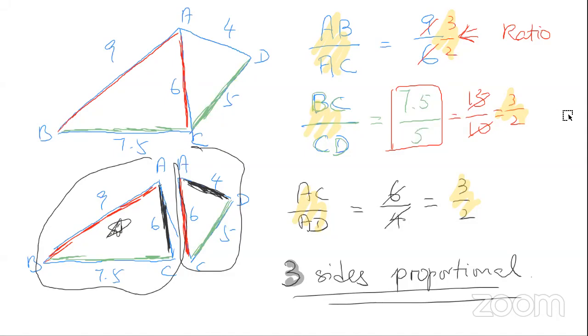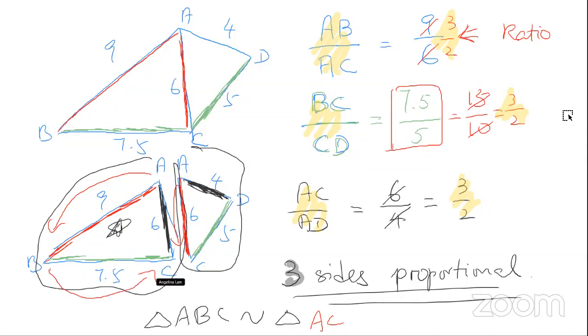And when we talk about the two triangles, we need to write down, say, triangle ABC similar to triangle. Then you need to follow the sequence A B C. Then for the smaller triangle, it will be A C D. If you follow the color, therefore we have triangle ABC similar to triangle ACD.